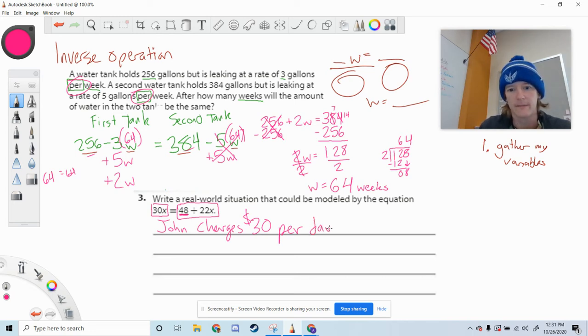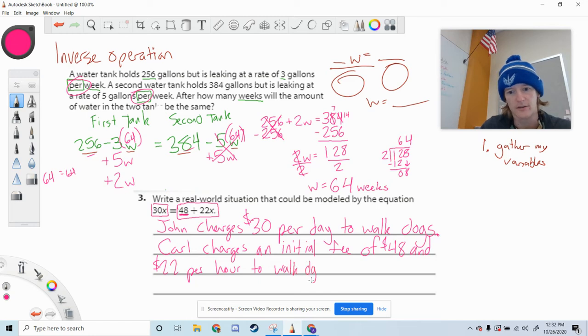Per day to walk dogs. Carl charges an initial fee of $48 and $22 per hour to walk dogs.